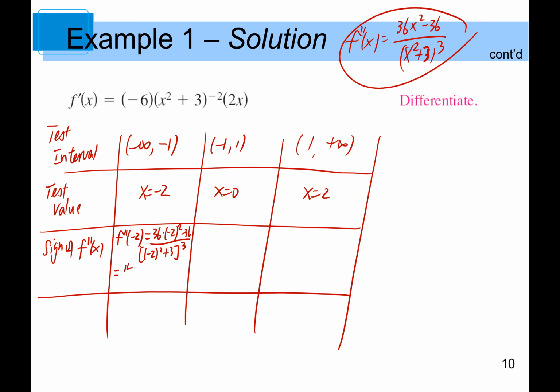On top we have 144 minus 36, and the denominator is 7 cubed. 144 minus 36 is 108 over 7 cubed. This is definitely greater than 0, so it's positive. You don't need to figure out the answer. All you need to do is determine the sign. Once you know the sign, then you're ready to go. So the conclusion for this case, this is concave upward.